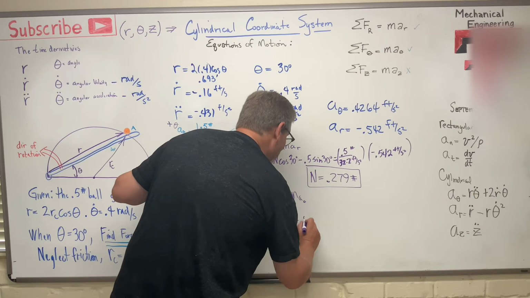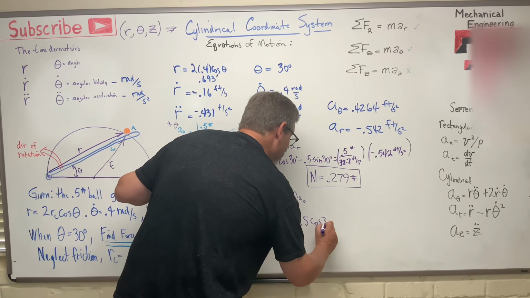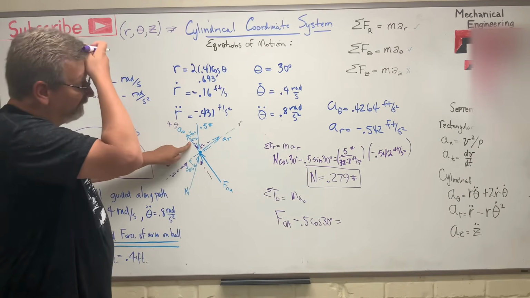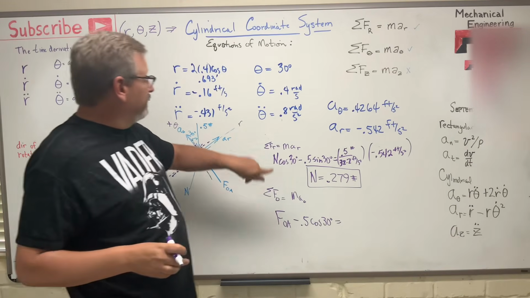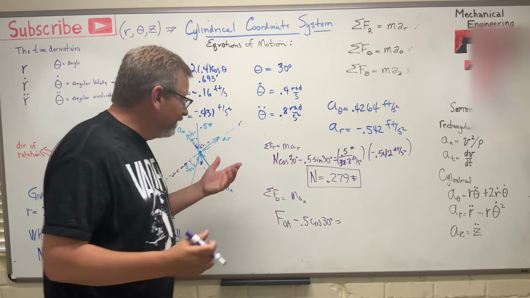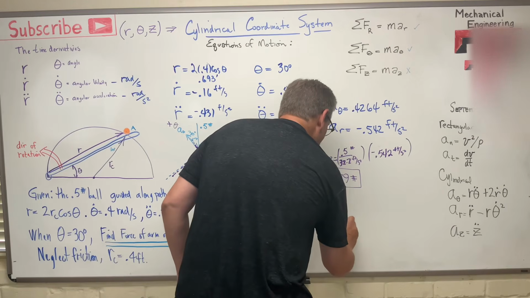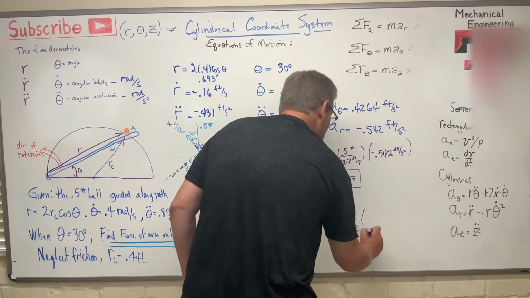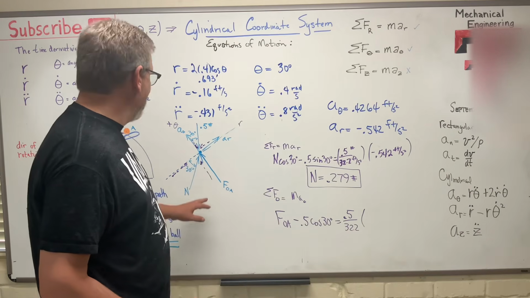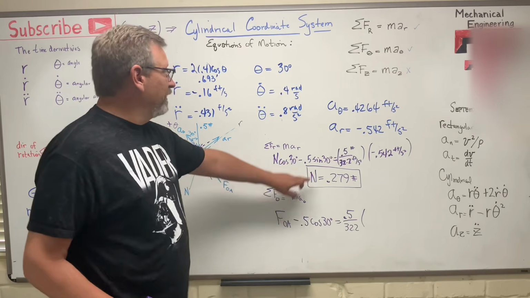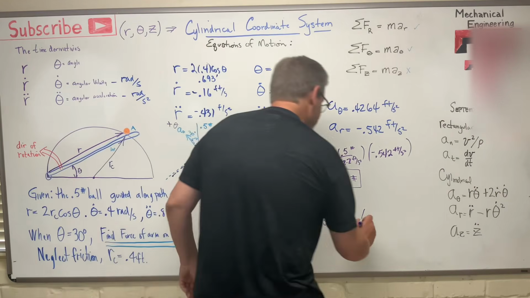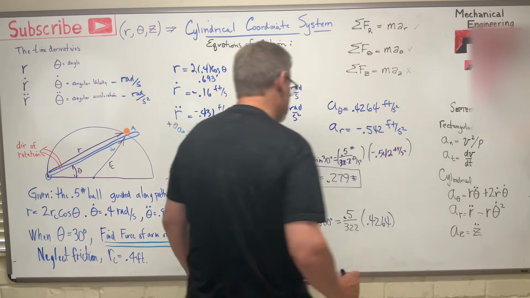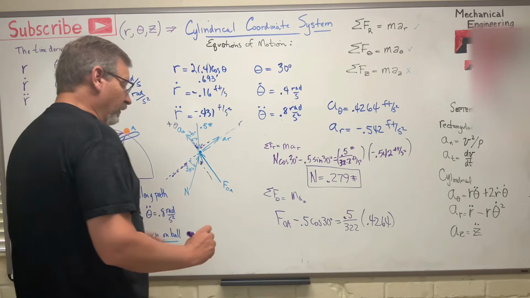And that's all the forces I have, equal to M, same thing as up here, 0.5 divided by 32.2, times A in the theta direction, which is 0.4264. And then solve for F_OA.